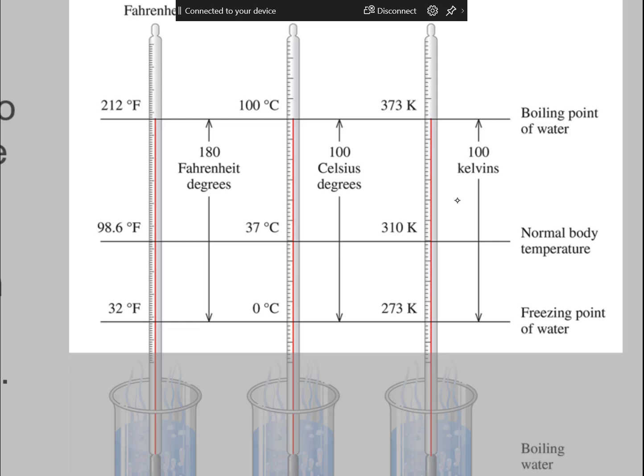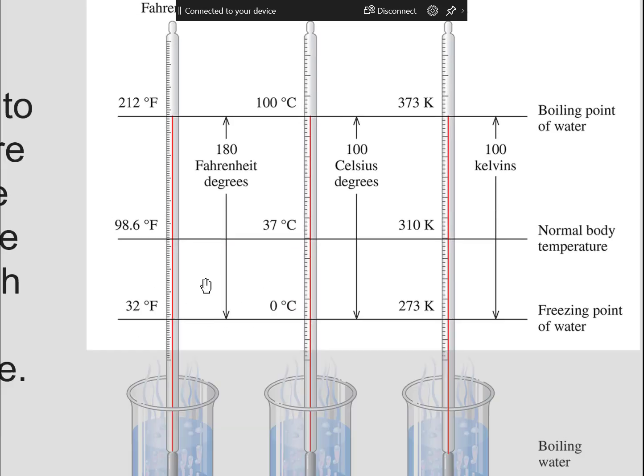So those numbers you should know. Freezing point of water. Water freezes, the roads start getting icy at about 32. So 32 degrees Fahrenheit is the equivalent of 0 degrees Celsius. So you can see that's the freezing point of water. Up here, there's the boiling point of water.